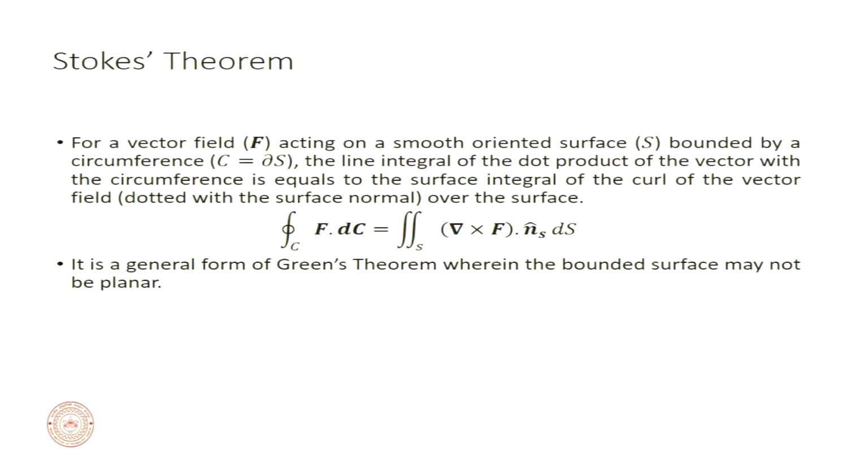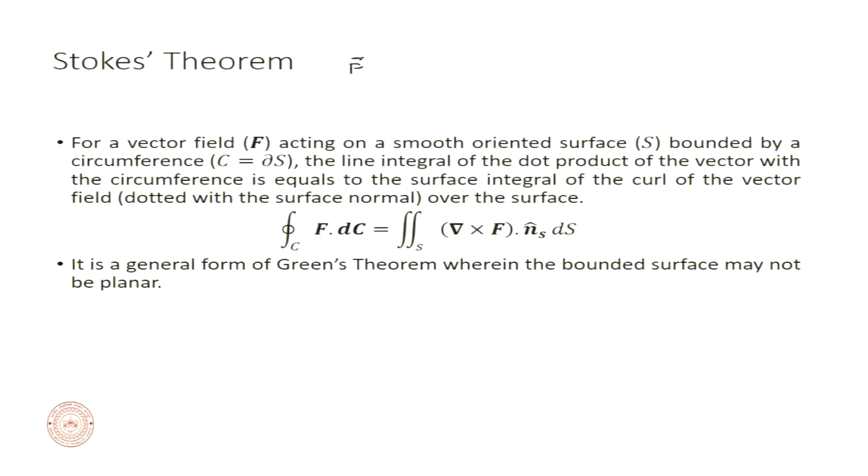So, we have the same vector field function f, and the function f is a smooth continuous function. These functions, for the divergence theorem, Green's theorem and Stokes' theorem, should be continuous up to the first order partial derivative. So, let me write it down.